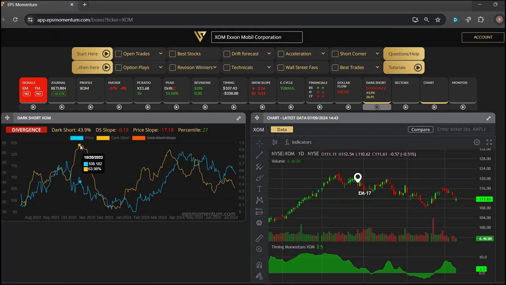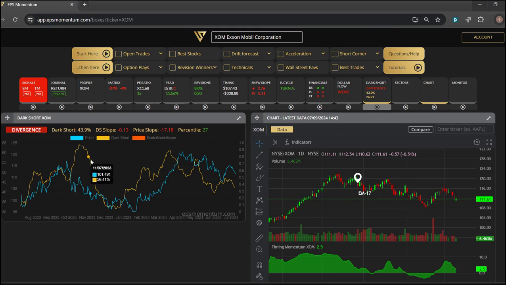So when you see 63.98, that means that 63% of the volume for that day was actually a short from market makers, meaning it was a buy from big asset managers. So read it more as a buy. It's a very strong buying signal from asset managers and hedge funds.